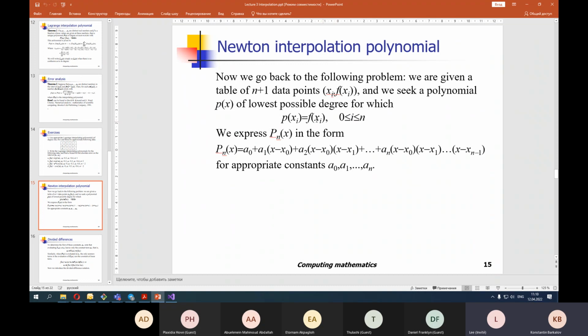Pay attention again that the values of x0, x1, x2, and so on are known. We know these points. They are the so-called nodes of interpolation.